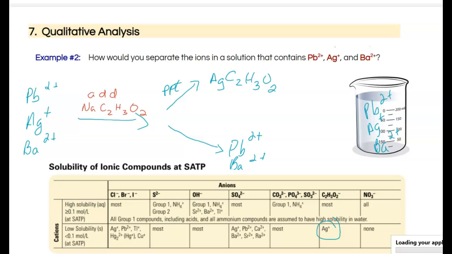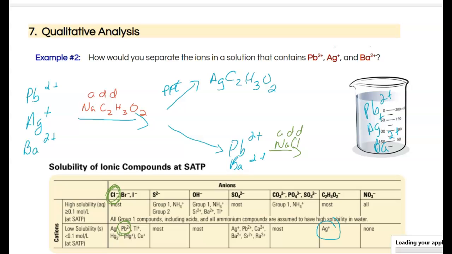I'm noticing right here that, I'm going to do this part in green, I think, my lead can be separated out with any of these ions. So I'm going to choose adding chloride. So I am going to add in sodium chloride.